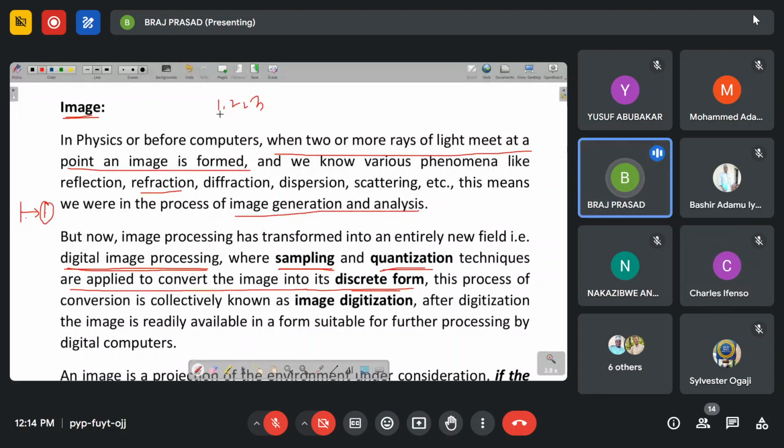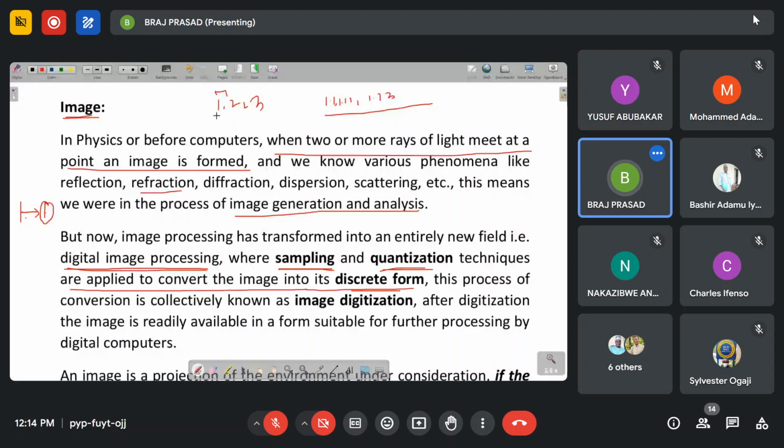Between 1 and 2 there are 1.1, 1.2, 1.3, 1.11, 1.12. So there are a number of points between 1 and 2. If we take all the points, then it is called continuous. But if we take only integer points like 1, 2, 3, then this type of concept is called discrete.